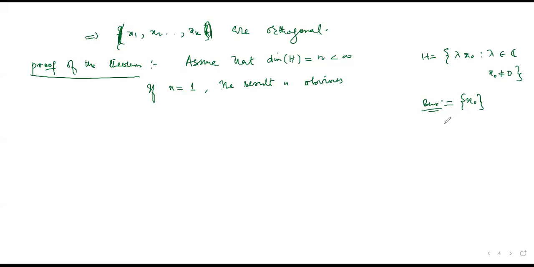Okay, चलो अगर n 1 है तो इसको हम ऐसे लिख सकते हैं. So what would be T of x, अगर कोई x यहाँ belong करता है, now T of x जो है वो होगा, चलो लिख सकते हैं T of lambda x naught, which can be written as lambda T of x naught.